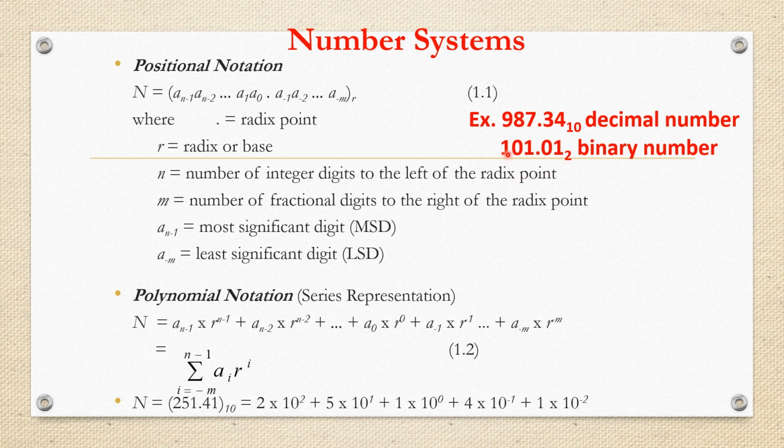If we display its digits with their positions, the radix r is 2, and then 2 square plus 2 to the power 1 plus 2 to the power 0 like this, it will evaluate to 5.25.